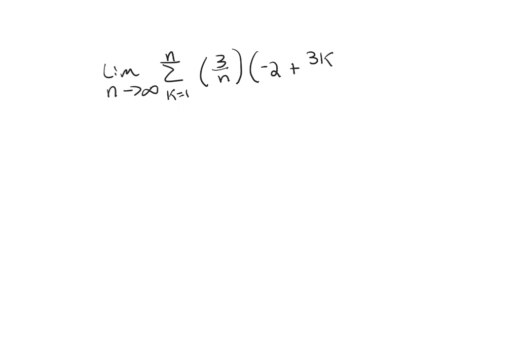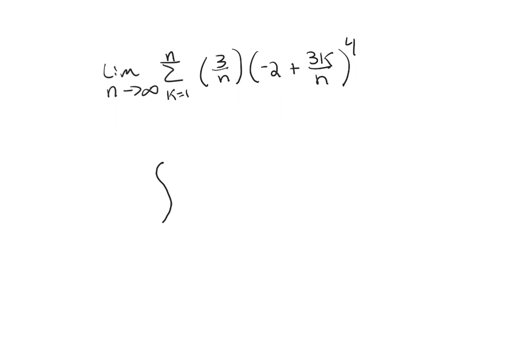And here is our final example, starting with the limit and it is 3 over n times -2 plus 3k over n to the power of 4.